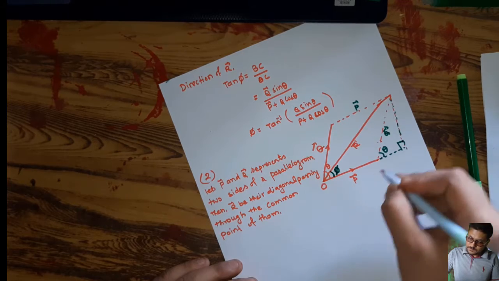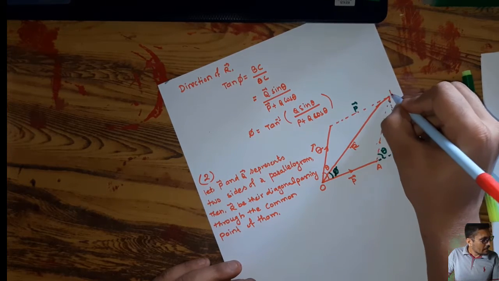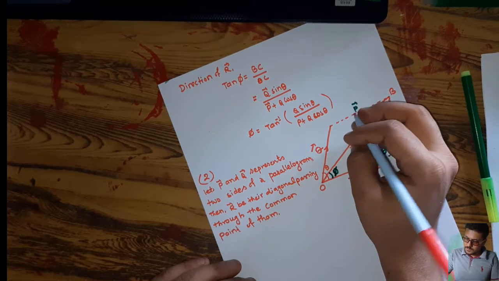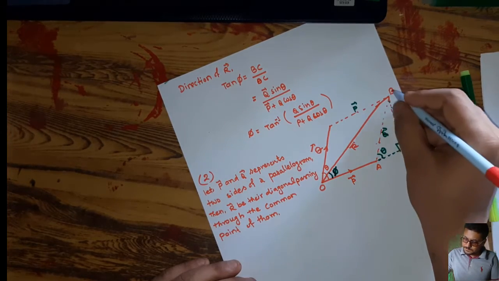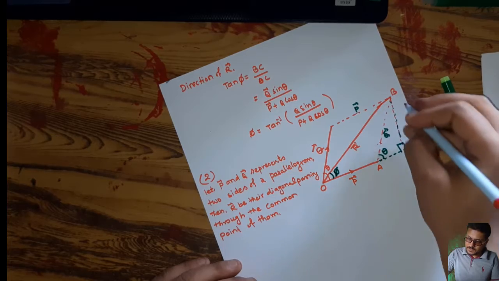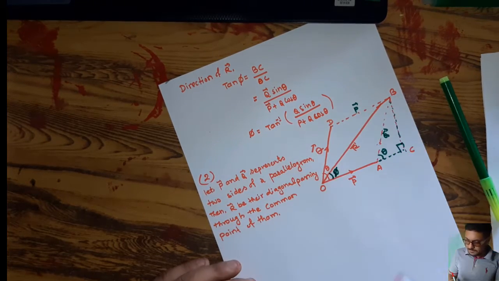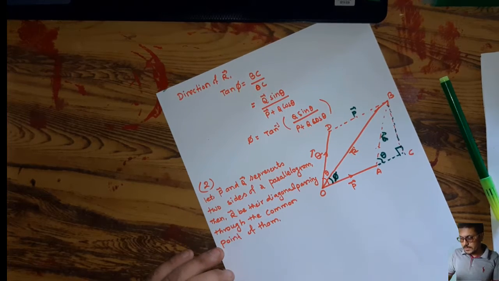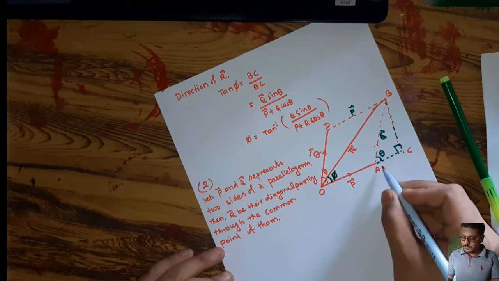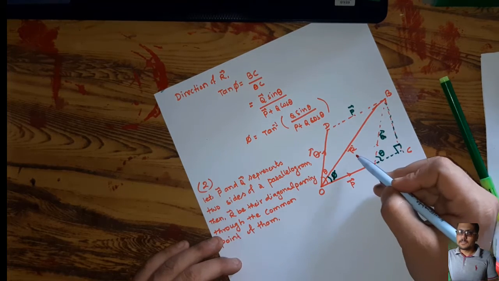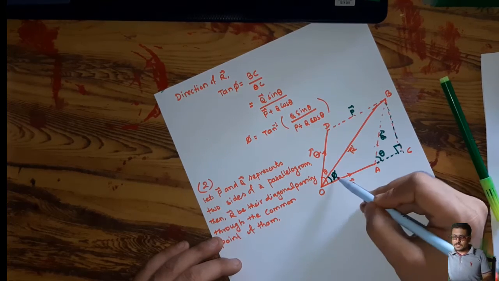Let this be O, A, this is B, this is C as in the previous case, and this is D. Now here is the parallelogram OABD. We have to find R vector and this value for phi.